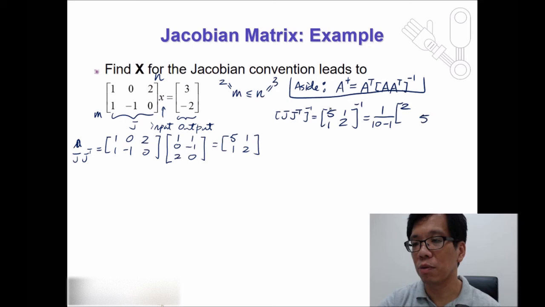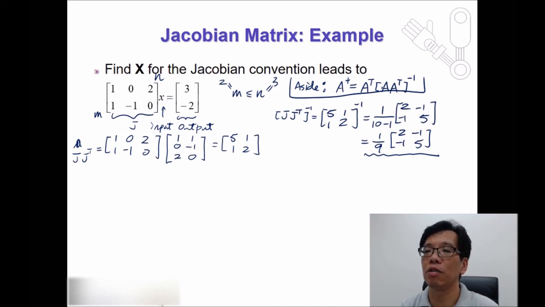We swap those two positions and put a negative sign in front of those two components. That is going to be my inverse matrix. So with this one, I have my inverse equals 1 over 9, 2, negative 1, negative 1, 5. Okay, so this is this part.